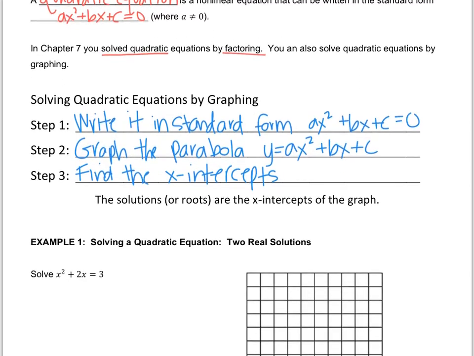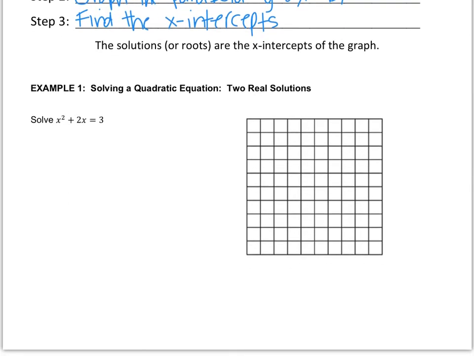All right, so let's do it. The first thing that we're going to do in example 1 is look at the equation and get it in standard form. So the first thing that I need to do is just get that 3 over to the left. So I get x squared plus 2x minus 3 equals 0. So I'm going to graph the parabola y equals x squared plus 2x minus 3.